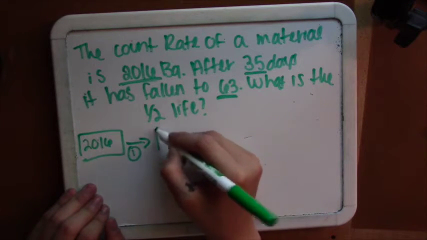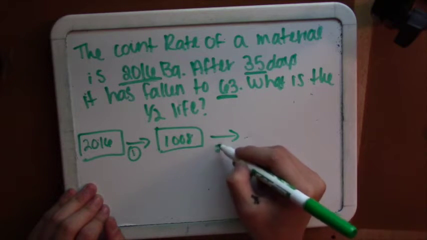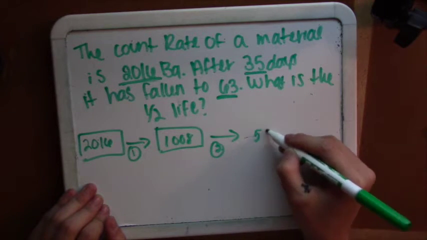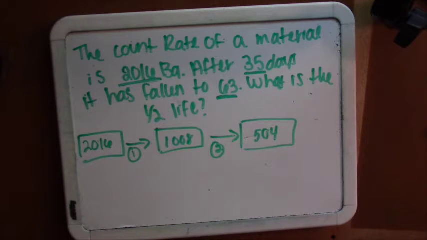Then you will continue to divide by 2, just like the previous one, until you reach the final number it has fallen to within that amount of days.